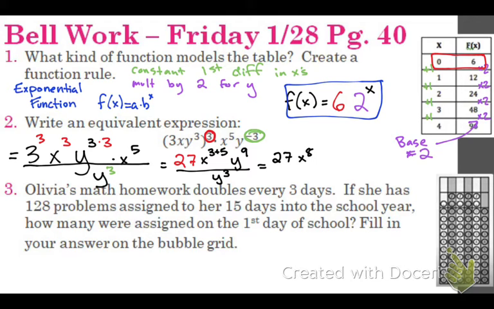What is y to the 9th over y to the 3rd? What do we do with those exponents? We subtract them, yeah. So it's going to be y to the 6th. And that's the simplest we can get because there's no like terms in there anymore.